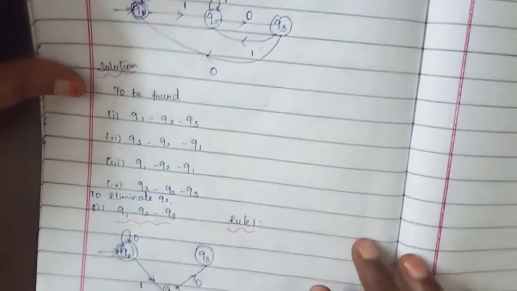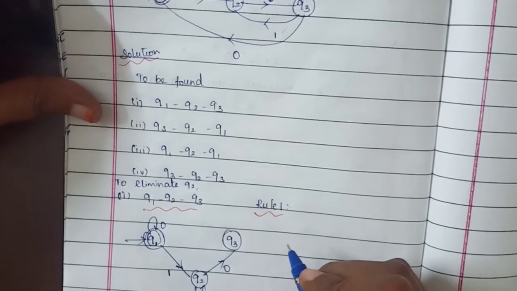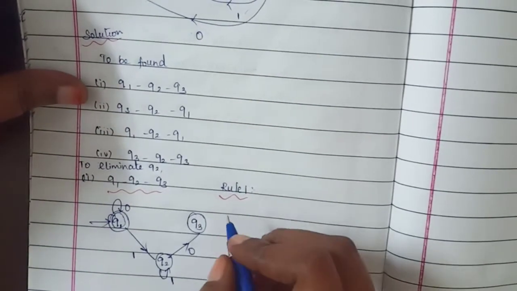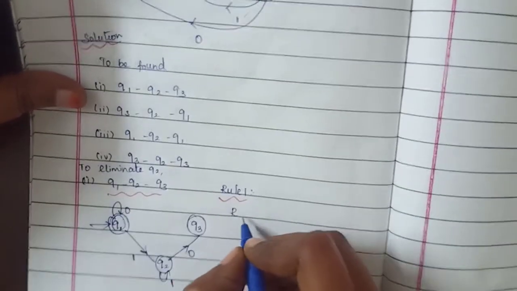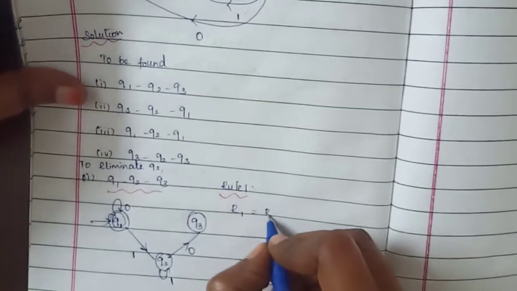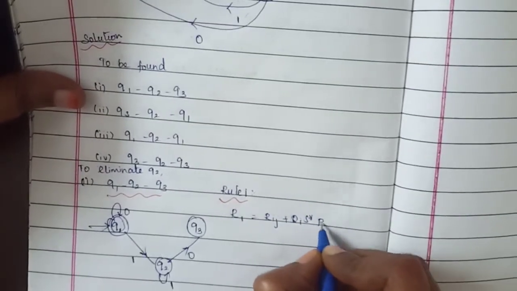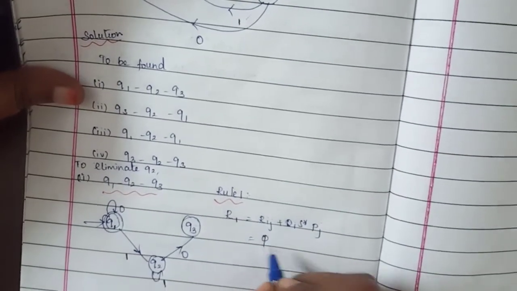We have already seen in the lecture series how to apply the rules for the state elimination technique. As per rule 1, R1 equals Rij plus Qi Sj closure Pj, as in Rij + Qi S* Pj. There is no Rij, so phi will be used.